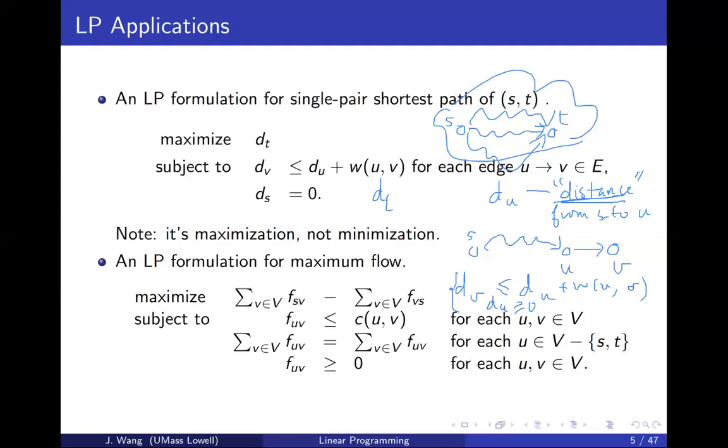However, if you do minimization here, then there is a trivial solution: for all u, ds is equal to du is equal to dt is equal to 0, because this satisfies all the constraints, and because each d has to be greater than or equal to 0, minimizing dt, if you get 0, it's the minimal possible.